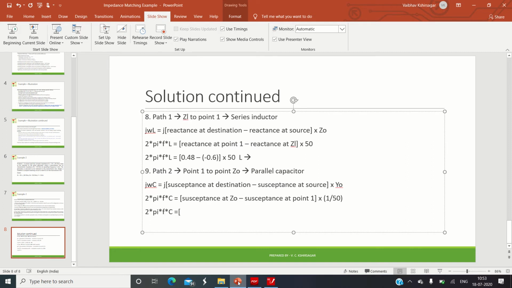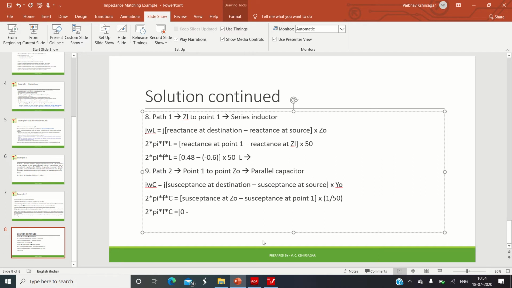Now very carefully you read the value of susceptance. You already know how to read the value of susceptance. Please remember, at the matched point at the center of the Smith chart, there is no susceptance and no reactance, so directly you can write 0. Minus, now you need to read the value of susceptance at point number 1. Again you need to follow the sign convention of locating a susceptance.